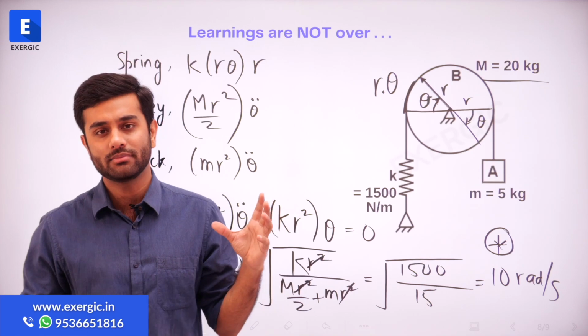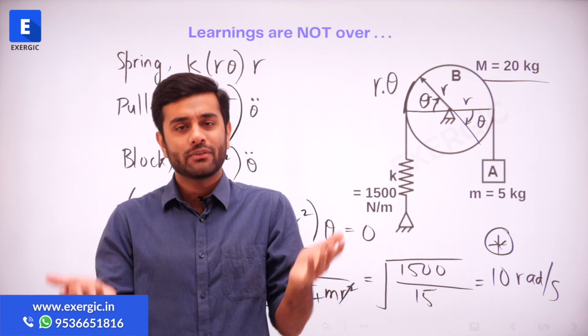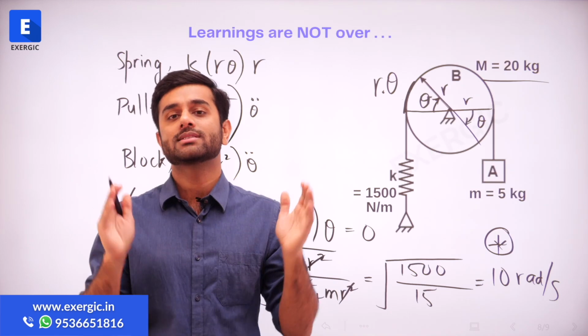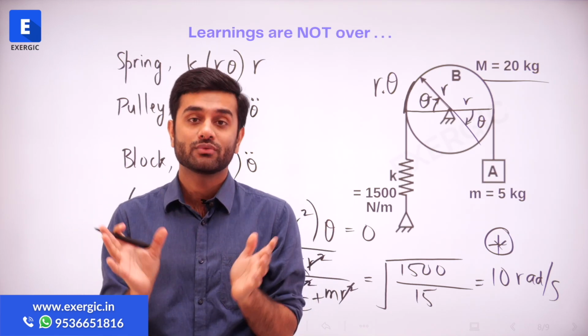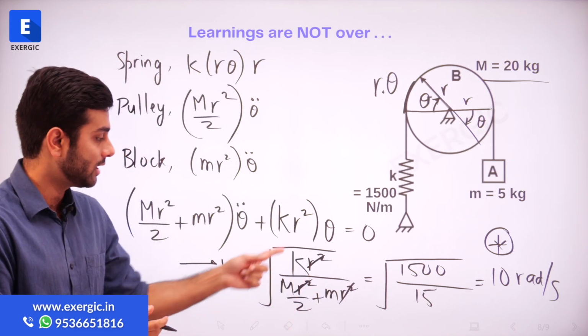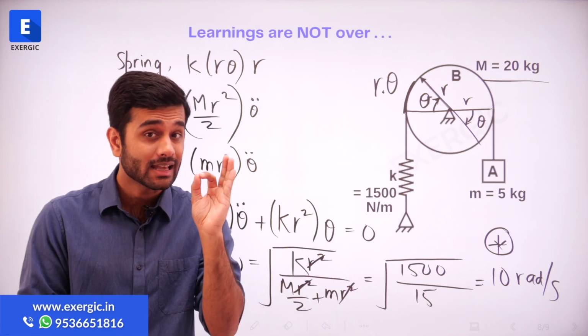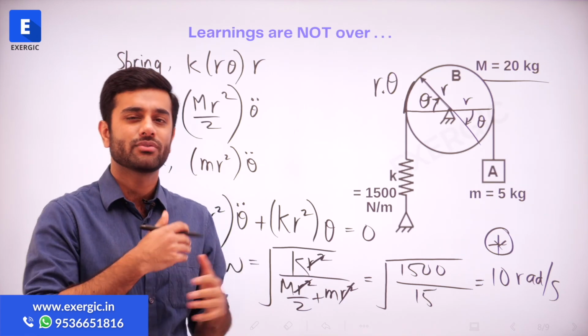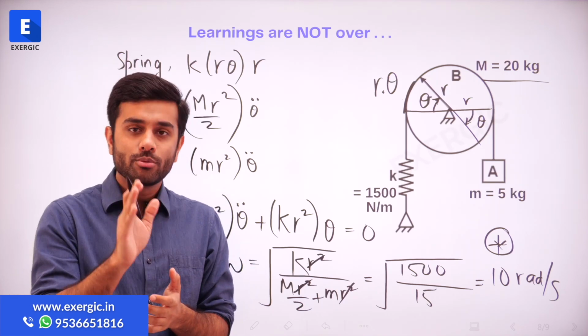By giving such a system, it can easily frame a question. It can frame an MSQ also, where it can frame an option that the angular frequency will be independent of the radius of the pulley, right, for a given mass, which makes sense, which you can check from here, r square getting cancelled. These things you should be ready for. These types of variation in the question, you should be ready for.